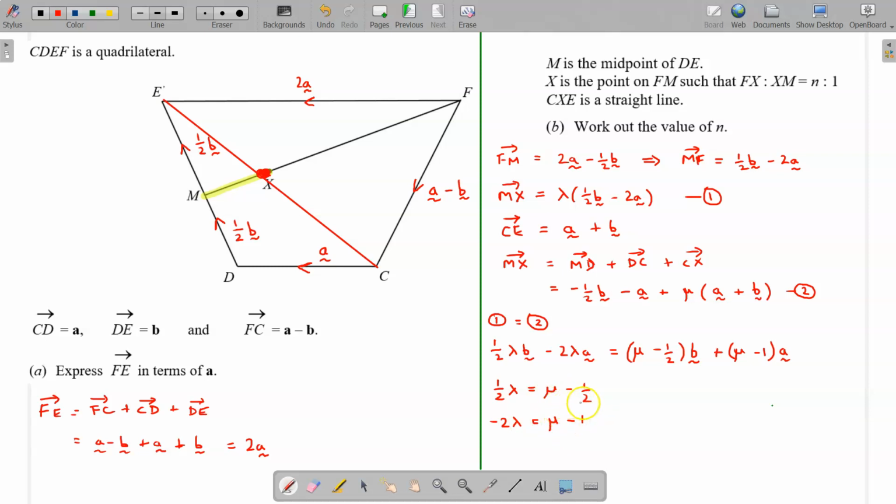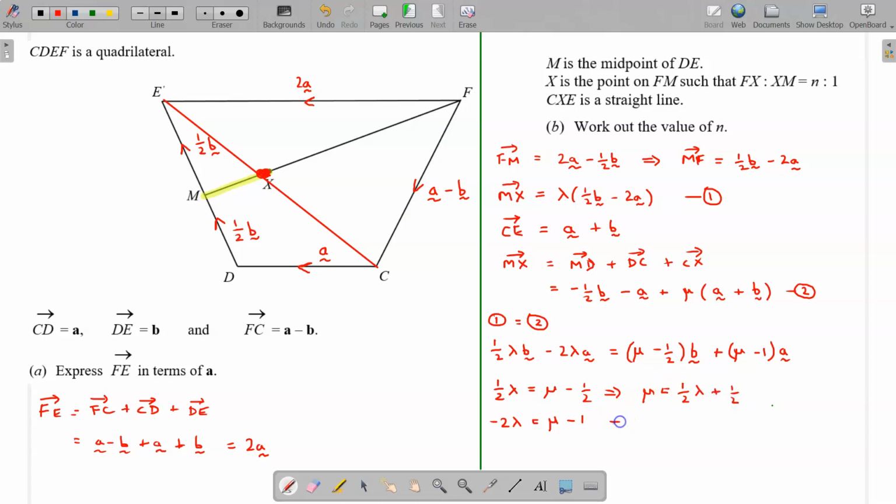Now, there's lots of ways you could solve this. I think what I would do now is add a half to both sides of this one to get mu on its own. So from this one I can say that mu equals a half lambda plus a half.